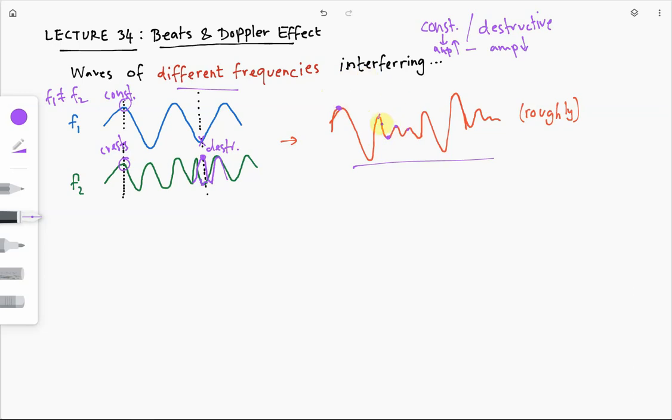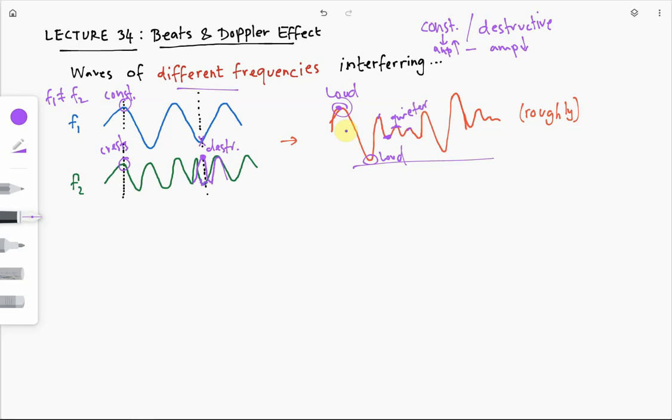So this is a phenomenon where in places of high amplitude you will hear very loud sounds, but in places of lesser amplitude you will hear quieter sound.